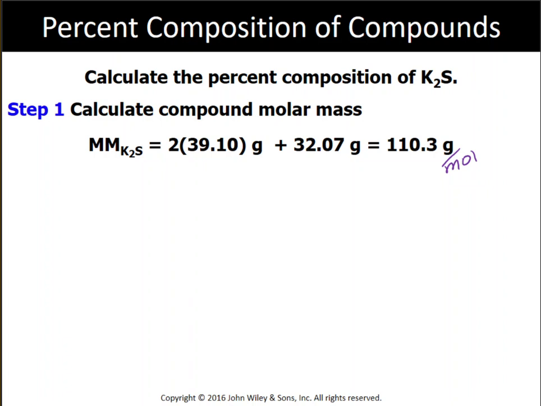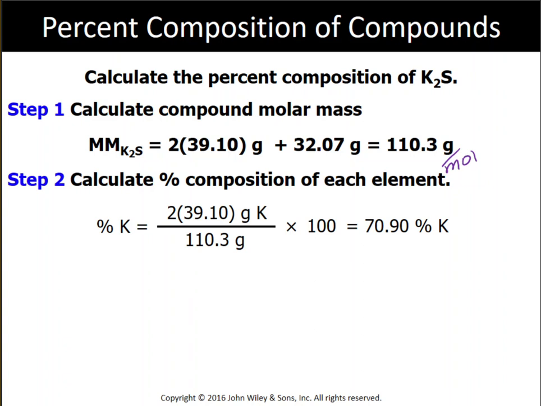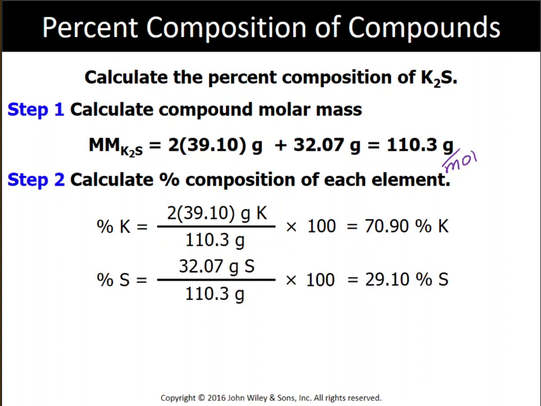Now, in order to find the percent composition of potassium, that would be the mass of potassium. So in the formula of potassium sulfide, you have 2 potassium atoms. So that would be 2 times 39.10 divided by 110.3. So 70.90% potassium. And the rest is going to be sulfur.